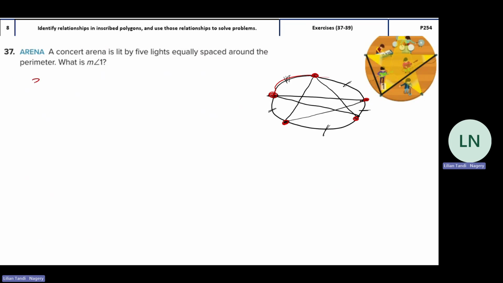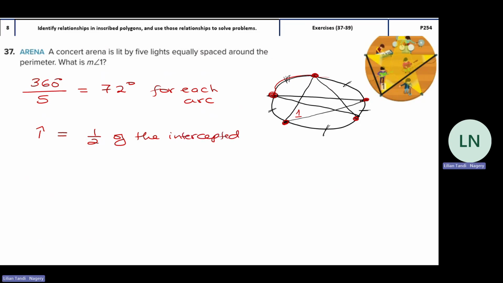So what will I do? I will do 360 divided by 5, and I will get 72 degrees for each arc. Now, angle 1 is here, and it is intercepting this arc. So I will write here angle 1 equals half of the intercepted arc.